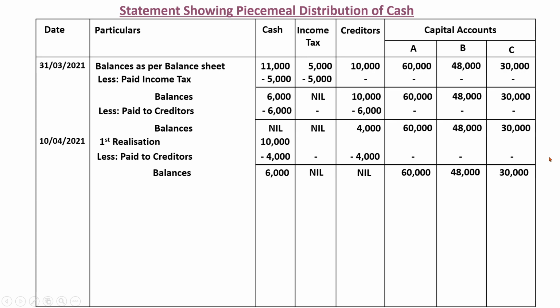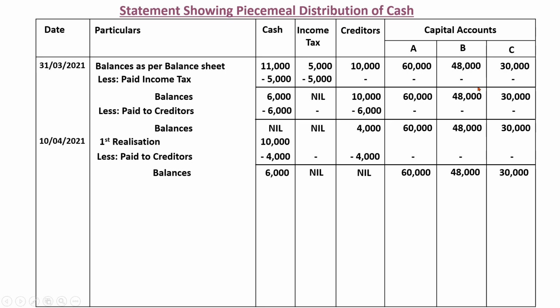Okay, so friends, see here we have paid off all the third party liabilities or outside liabilities. Now we need to pay the capital accounts, right? And here in the cash column we can see that 6,000 rupees are available, and here the question arises to whom this 6,000 rupees is to be paid first.